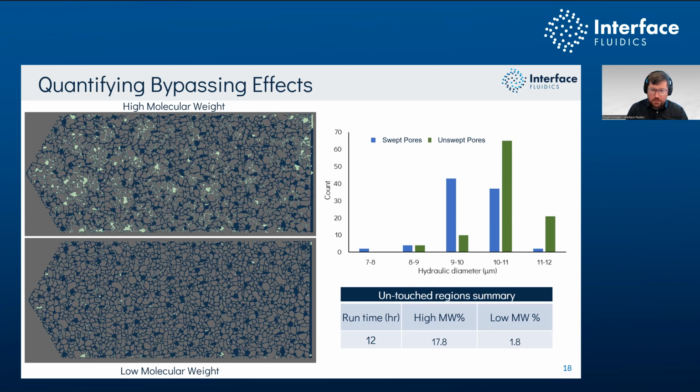Whereas pores of the 9 to 10 micron pore throat size are more likely to be swept. So again, this is a new kind of analysis that is not possible with traditional core tools, and it does give us a good idea of what's going on. And so we can see, the high molecular weight polymer, while it does produce a lot more oil, it also has very high oil trapping.